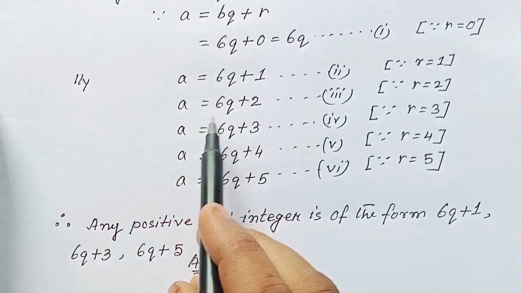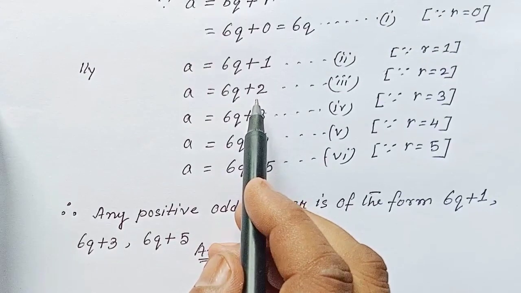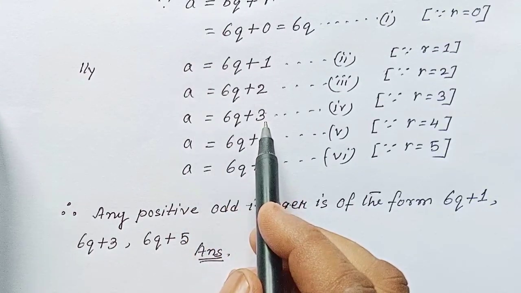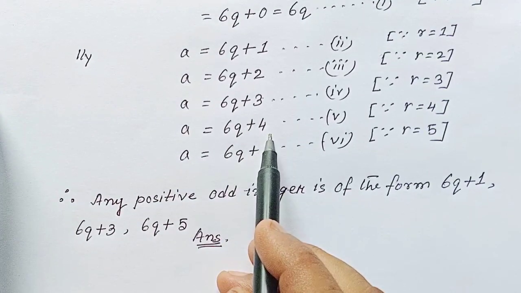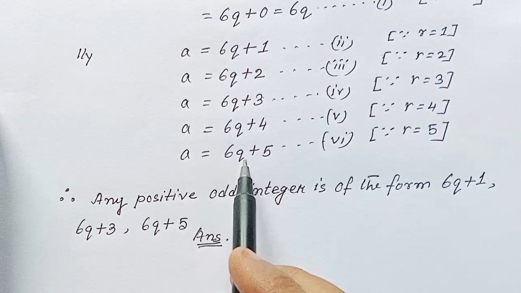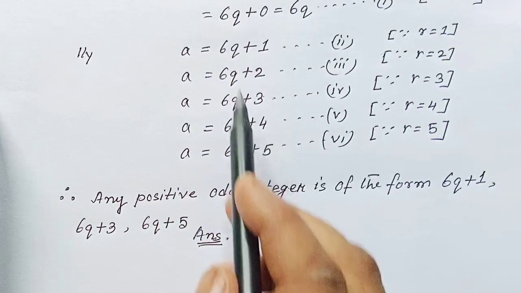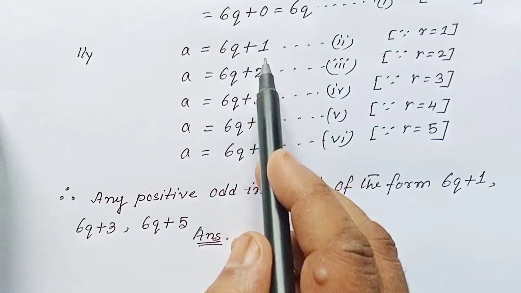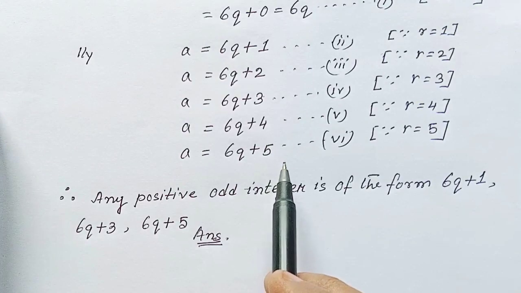Similarly, a is equal to 6q plus 2 because the value of r is equal to 2. a is equal to 6q plus 3 because r is equal to 3. a is equal to 6q plus 4 because r is equal to 4, and a is equal to 6q plus 5 because r is equal to 5. Here 6 is the value of b, and 0, 1, 2, 3, 4, 5 are the values of r respectively.